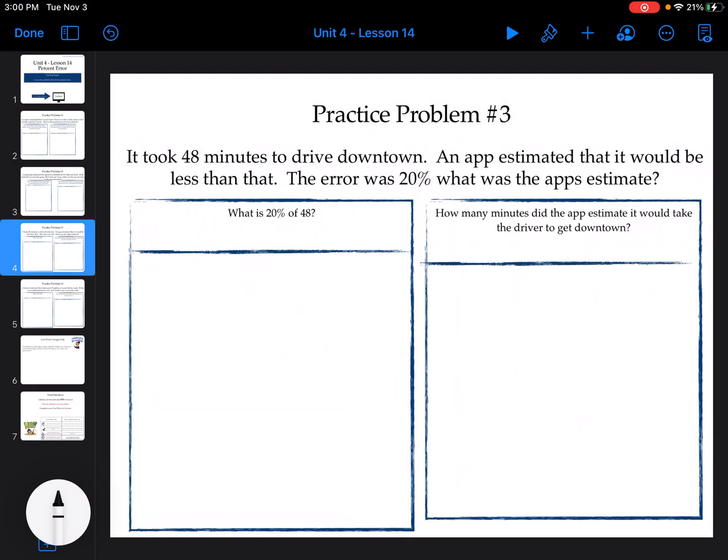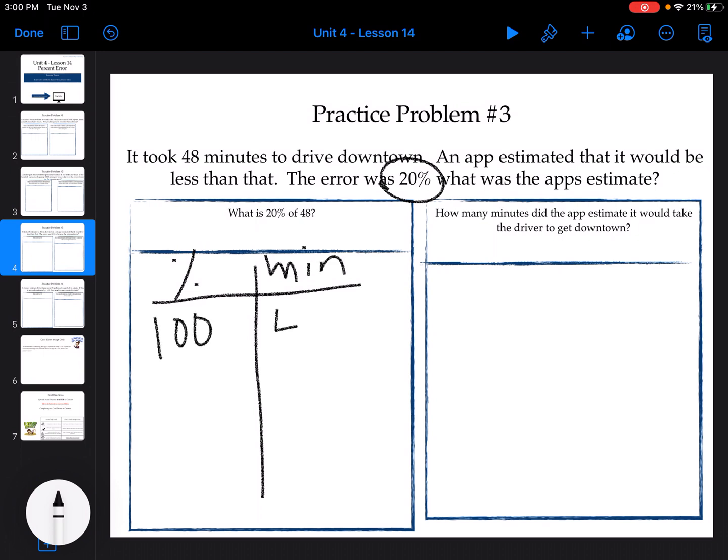All right, it took 48 minutes to drive downtown. An app estimated it would take less than that. The error was 20%. What was the app's estimate? So I know that I have my percentage, I have my minutes. I know that 100% is 48. So it says the error was 20% less.